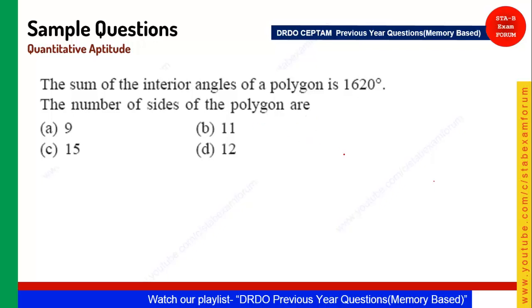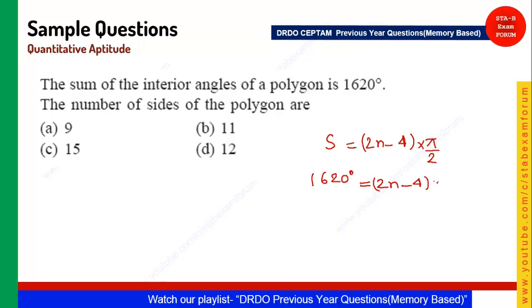The formula says the sum of interior angles S is equal to (2n minus 4) into pi by 2. This is the formula, okay. So just substitute the value. Sum of angles is 1620 equal to, and you need to find out 2n minus 4.